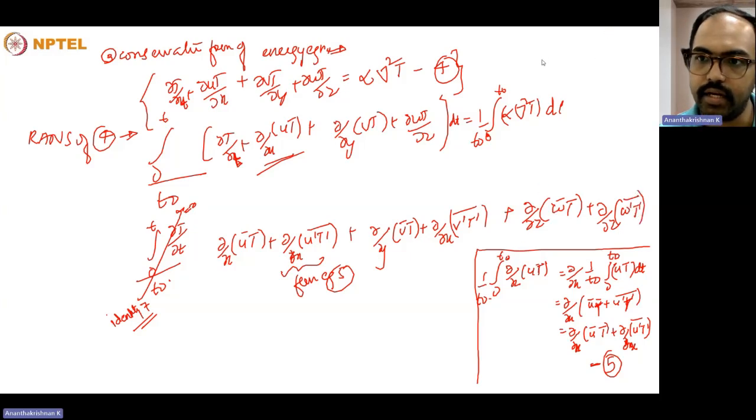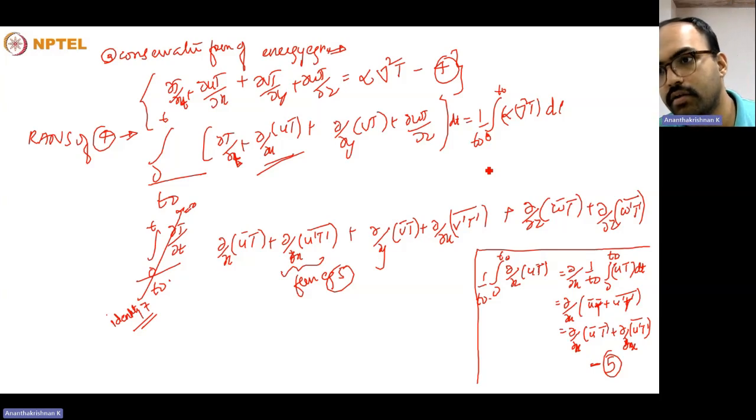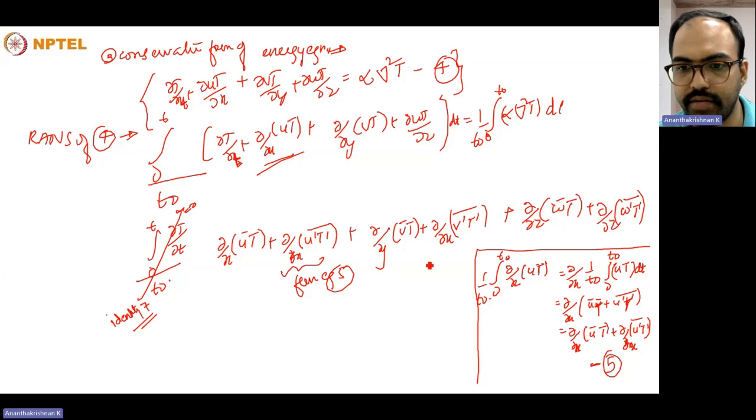On the right hand side, it will be straightforward: alpha del squared T. The derivative of the integral will be the same as the integral of the derivative, so you can take it to be the average of that straight away.